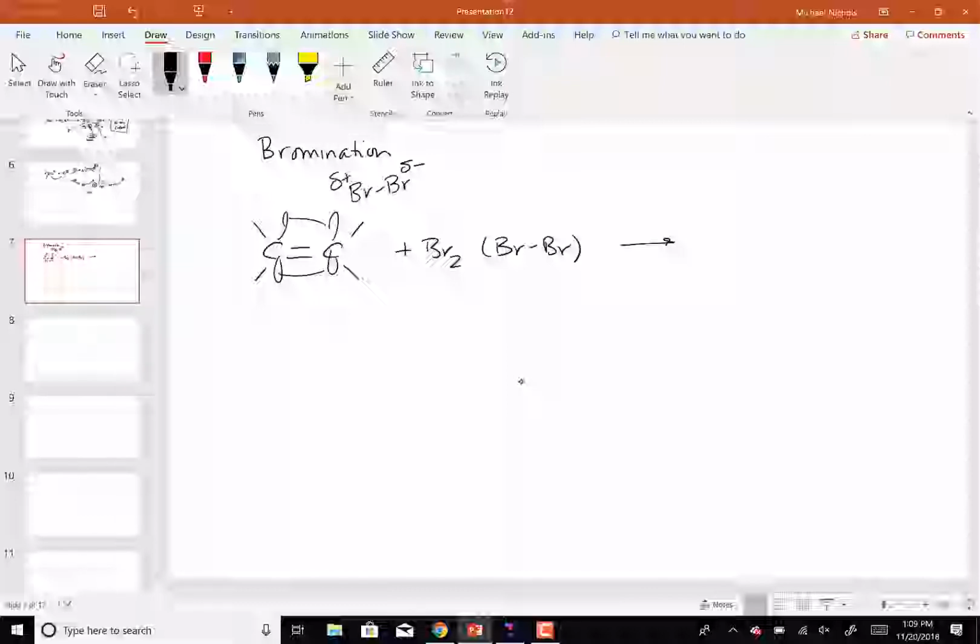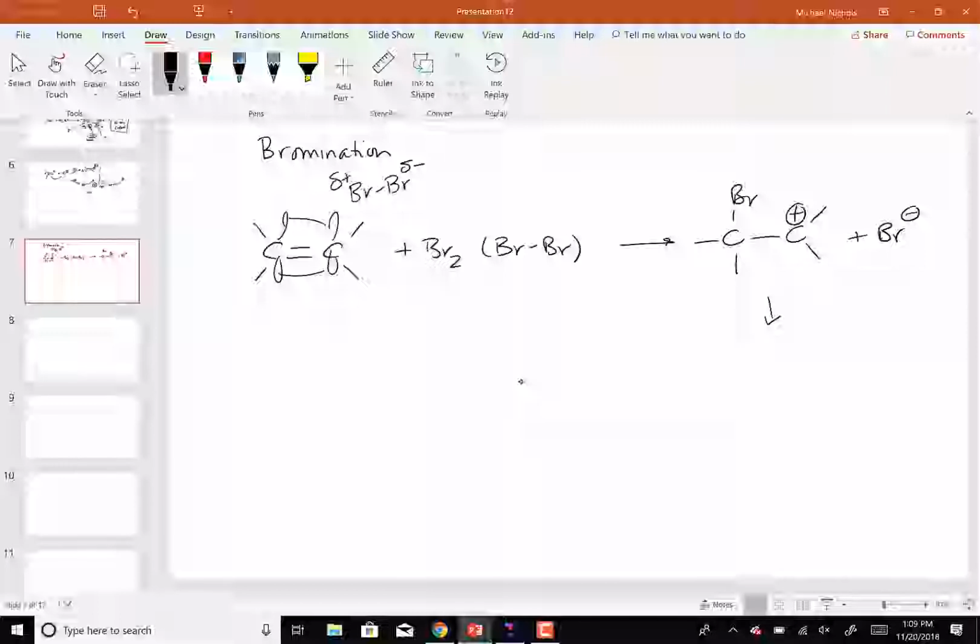So we're going to end up with the Br adding to one of the carbons, and then the other carbon becoming a carbocation. And then I still have my Br minus now. Now the difference here is that the Br is large enough to actually fit over both of the carbons, to sit over both of them at the same time.